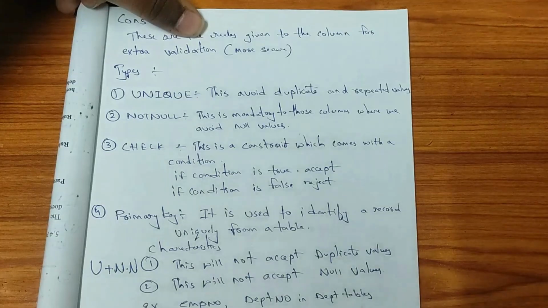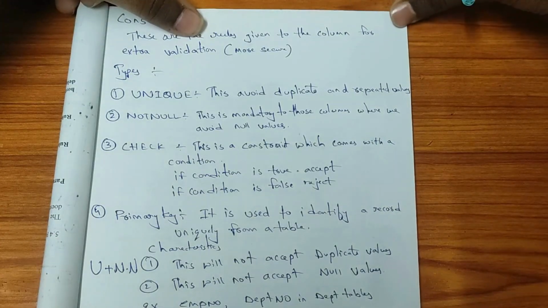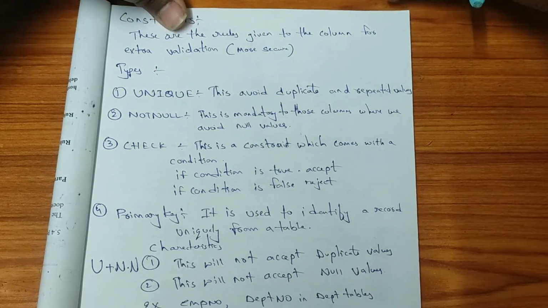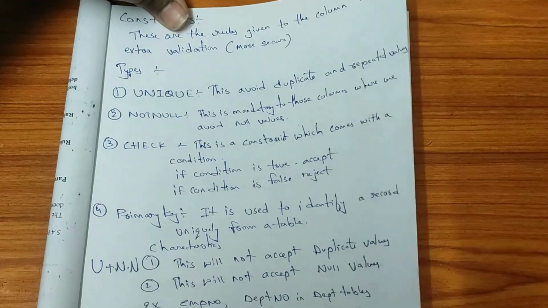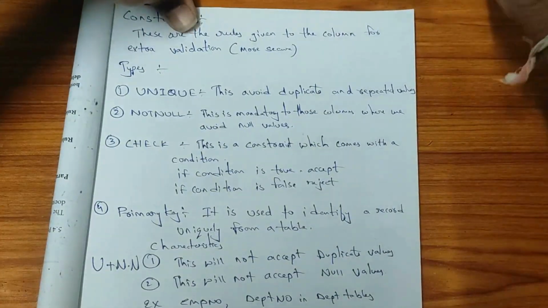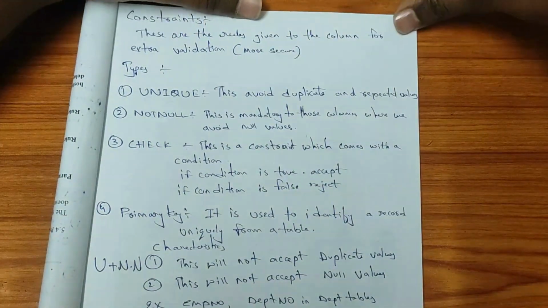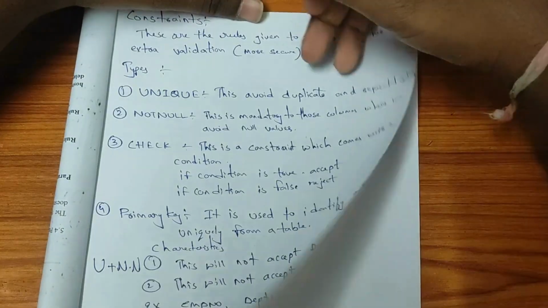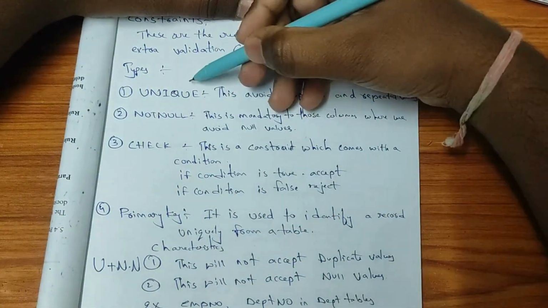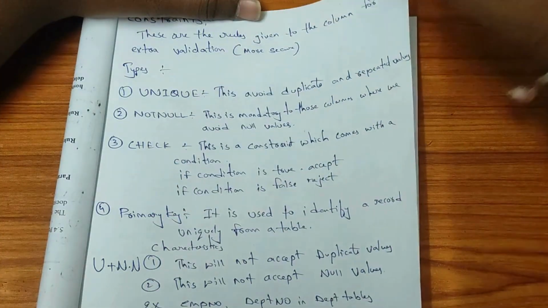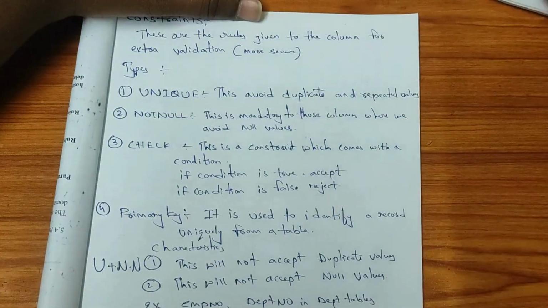Whenever the user enters any data into the table, he has to follow these rules. The rules are unique, not null, check, primary key and foreign key. So these are the main constraints.